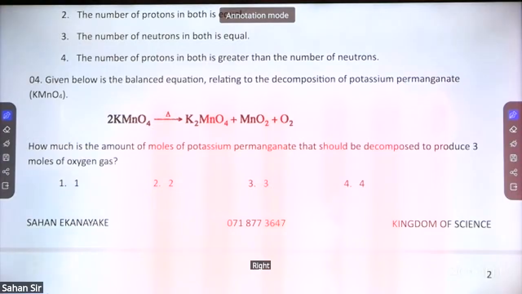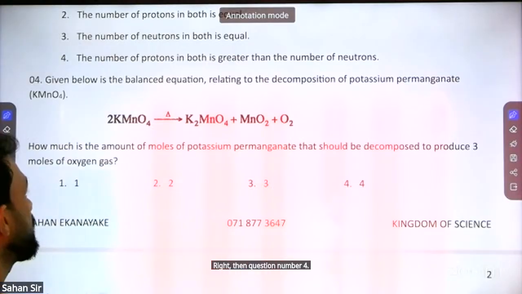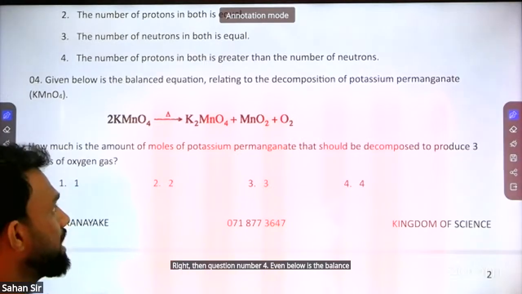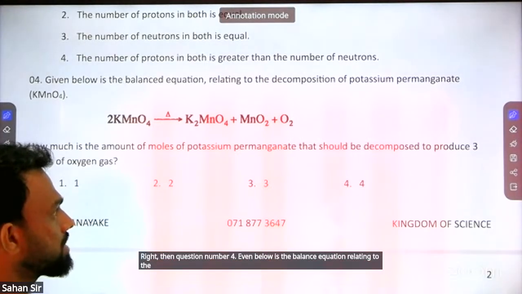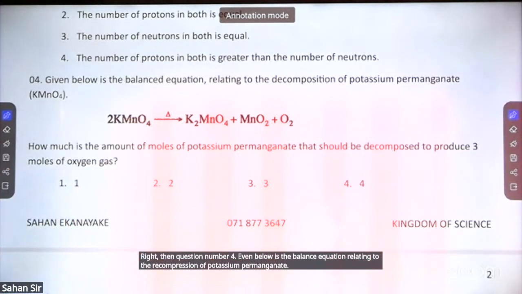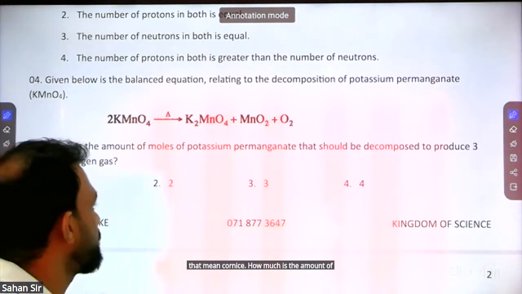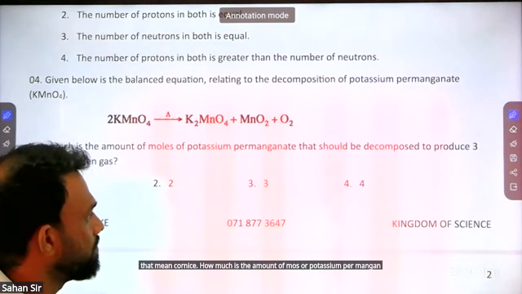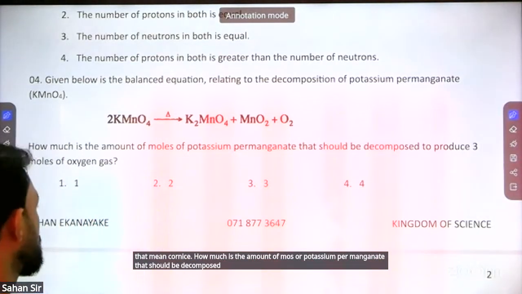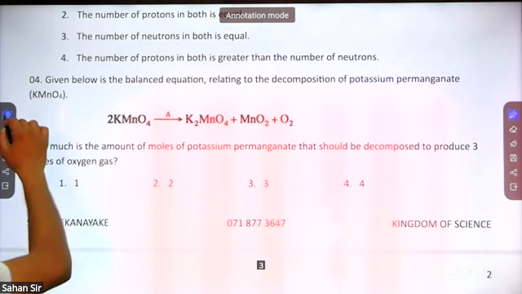Then question number 4. Given below is the balanced equation relating to the decomposition of potassium permanganate. How much is the amount of moles of potassium permanganate that should be decomposed to produce 3 moles of oxygen gas? Listen to me.